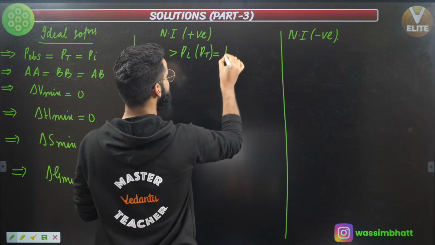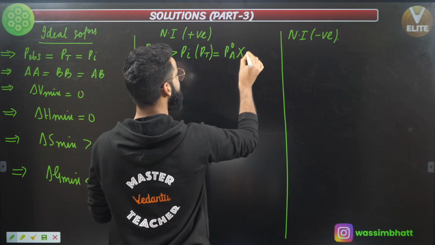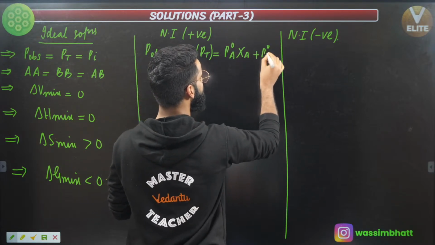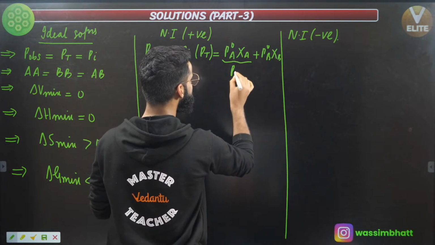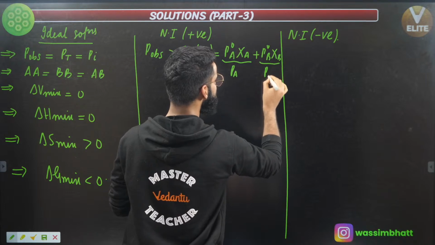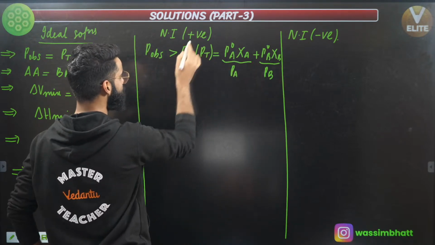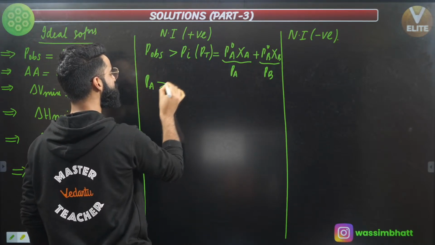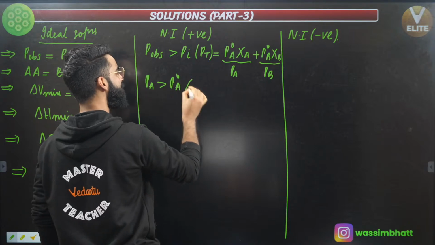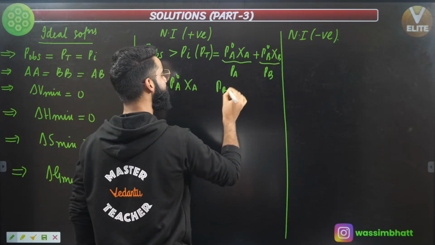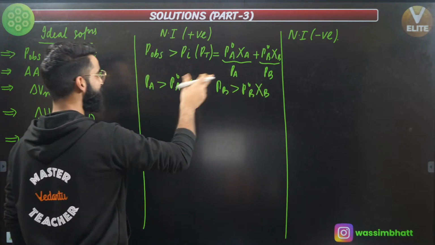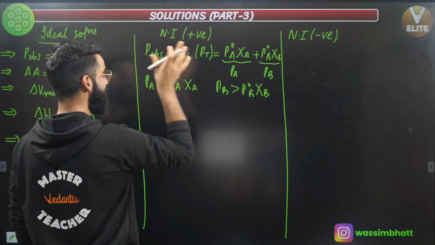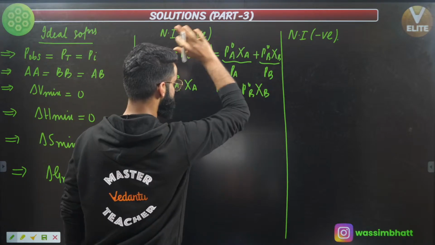So I can say P observed is greater than P naught A chi A plus P naught B chi B. This term is basically PA and this term is basically PB. So in case of a non-ideal solution showing positive deviation, your PA is greater than P naught A chi A and your PB is greater than P naught B chi B. Then only the total actual vapor pressure of the solution can be greater than the ideal vapor pressure of the solution.